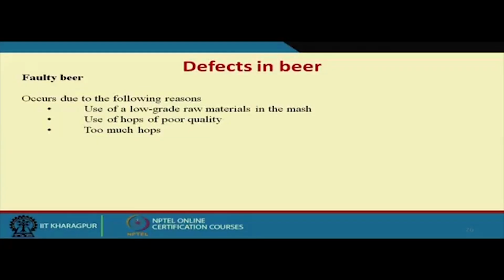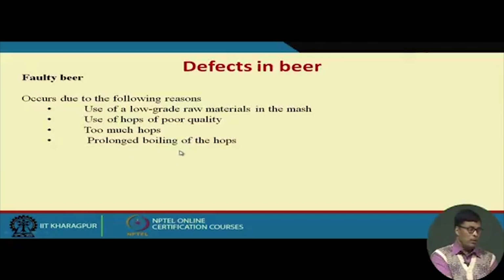Then we have hops of poor quality, which also gives defects in beer. Too much hops gives too much bitterness in the beer. And prolonged boiling with hops, if you heat for a longer period of time, also causes some kind of defects in the beer.